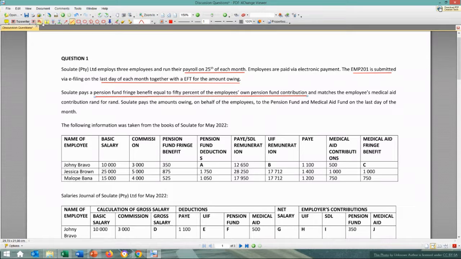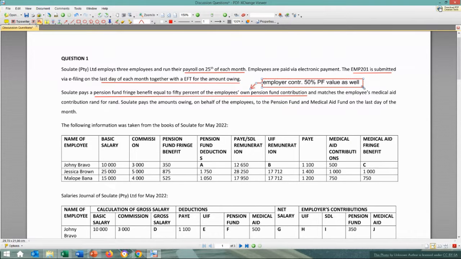So Solati pays a pension fund fringe benefit equal to 50% of the employee's own contributions. Okay, so this means the employer contributes half. Contribute 50% of the pension fund value as well. So this is additional. So this is their contribution, but it's only worth 50%.